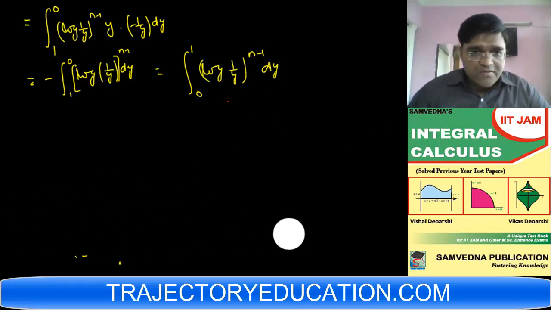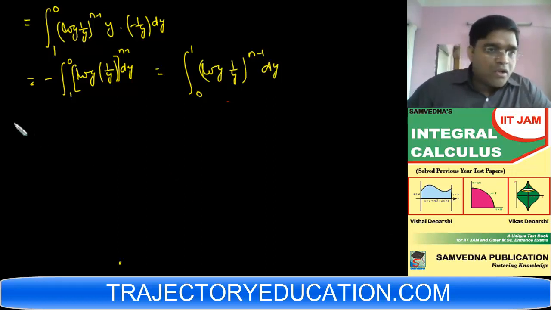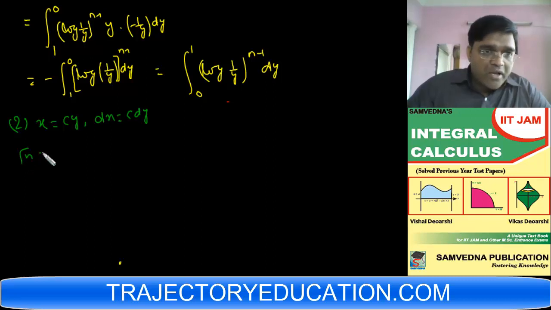Now let's look at the other transformation. Let's put x equals cy, so your dx will be c dy.